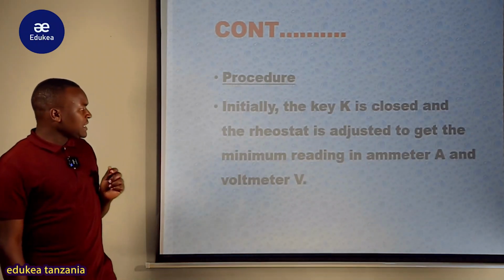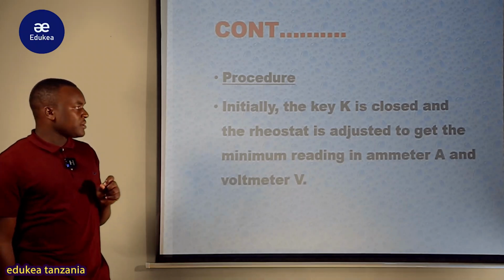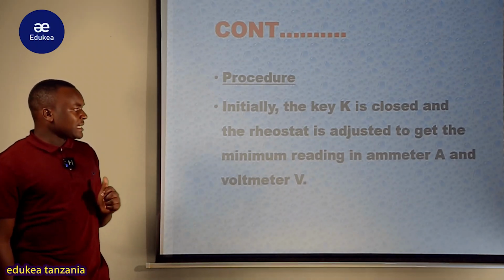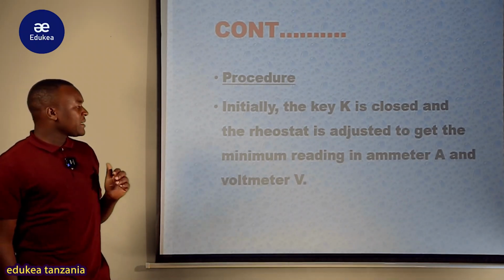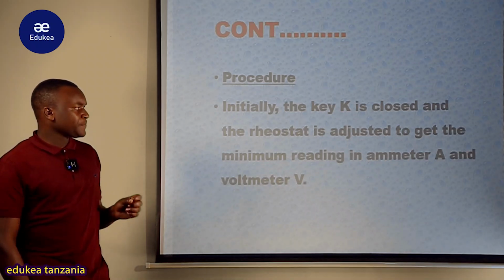We say that initially the key K is closed and the rheostat is adjusted to get the minimum reading in the ammeter and voltmeter.